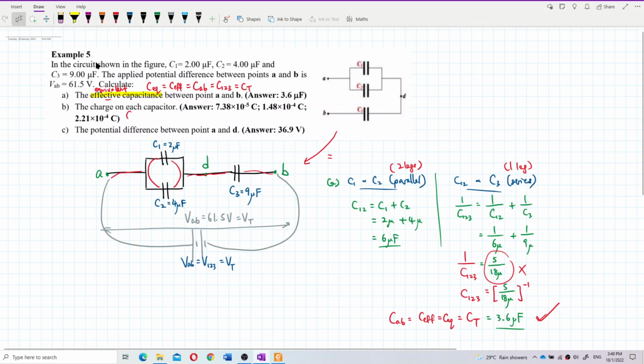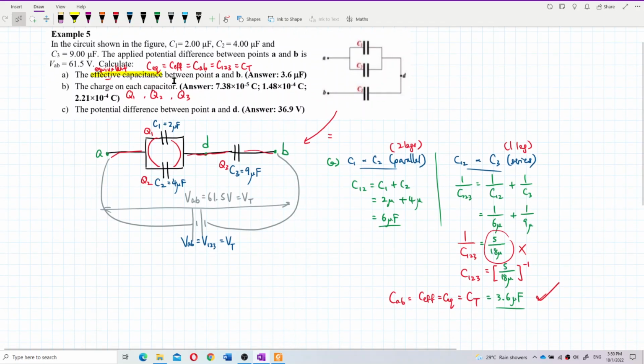That means I want to find Q1, Q2, and Q3, the charge stored in each capacitor. So how am I going to find it? The important thing is you must get the equivalent capacitance first. This is the most important thing. From there you can work out the rest.